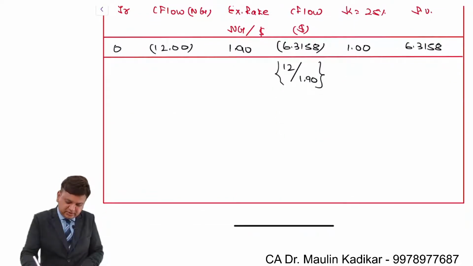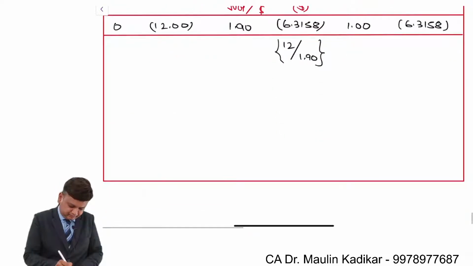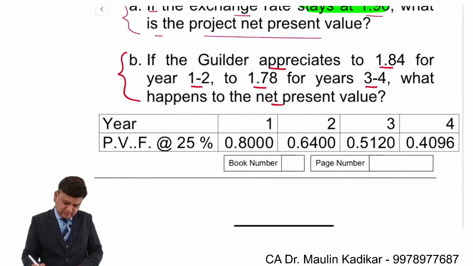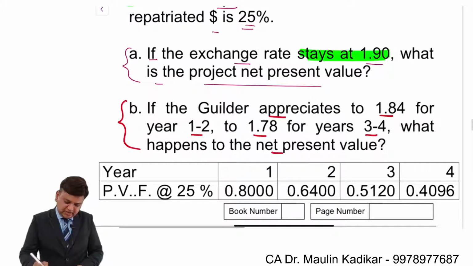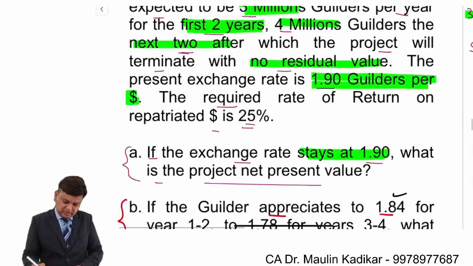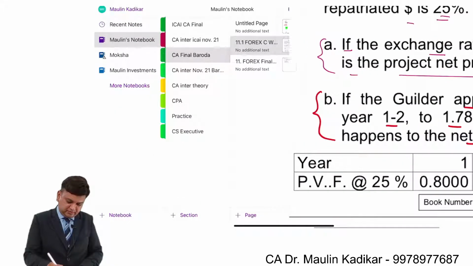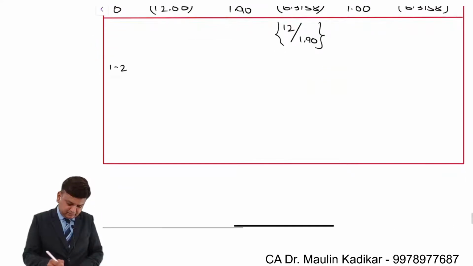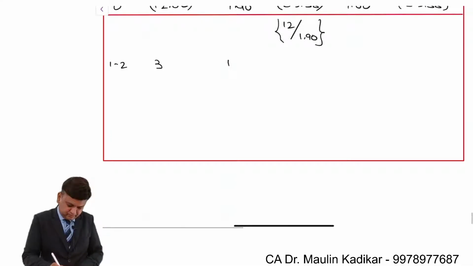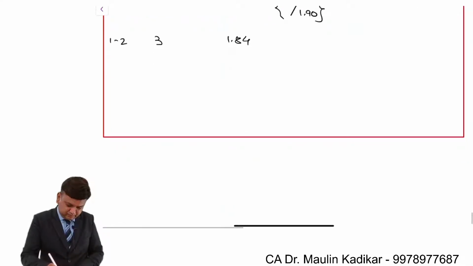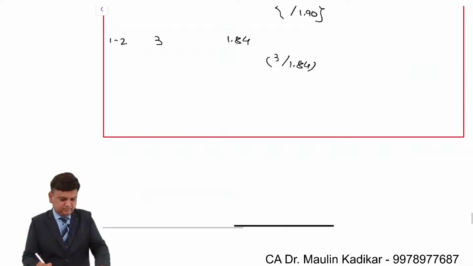So it is 6.3158. For the first year and second year, the cash flows are 3 and exchange rate is 1.84. So 3 divided by 1.84, so 1.6304.